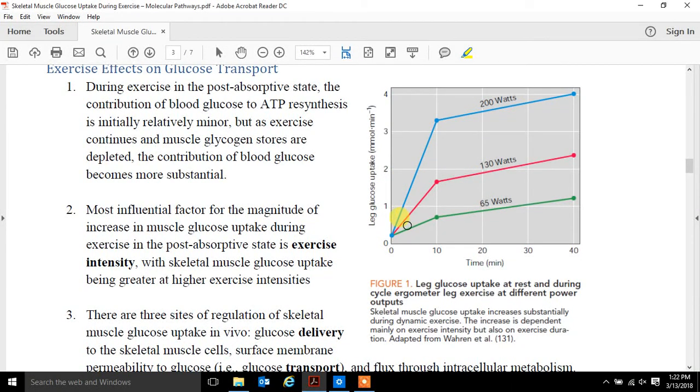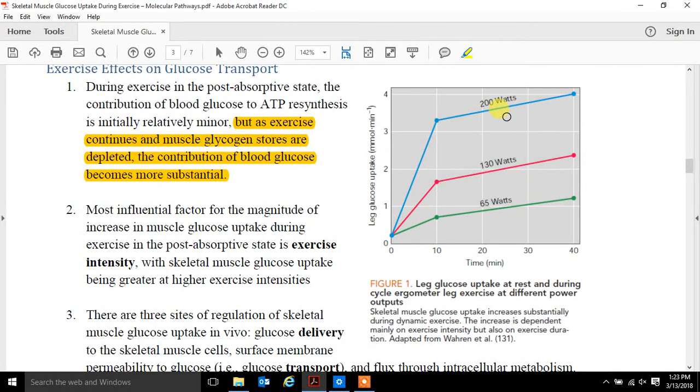We can see two things here. One, as the duration of exercise gets longer, 10 to 40 minutes, we see a progressive increase in glucose uptake. This goes along with this point: as exercise continues and glycogen stores within the skeletal muscle are depleted, the contribution of blood glucose becomes more substantial.